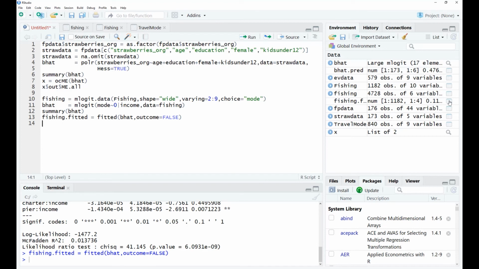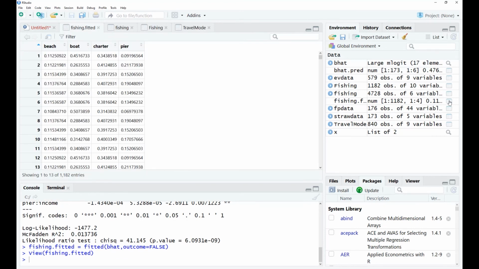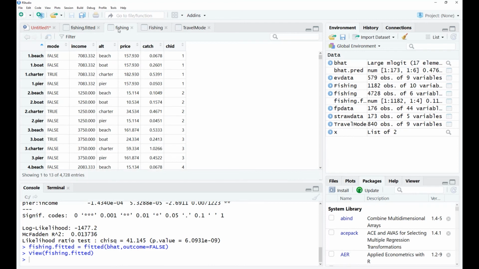Now, when you look at the predicted values, what those represent are, for each individual, the probability to fall into one of those categories. So think back about the first individual. The first individual in reality picked the outcome charter.